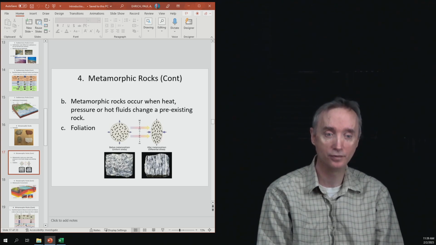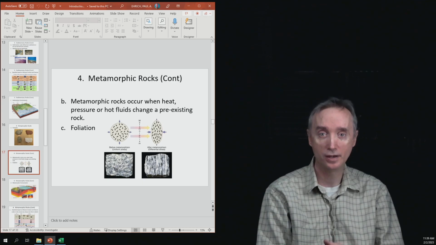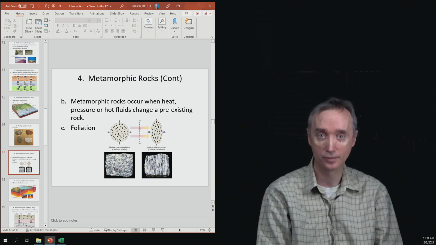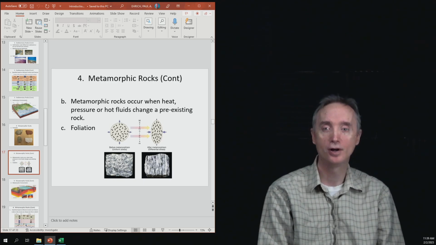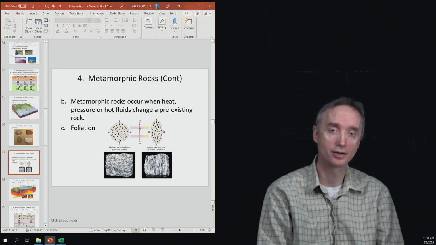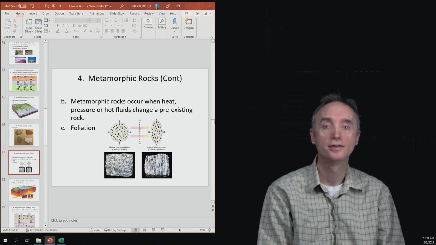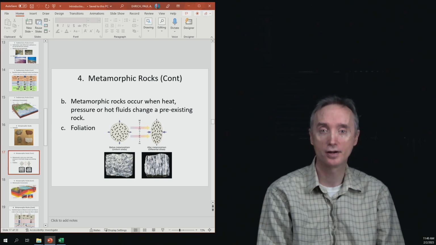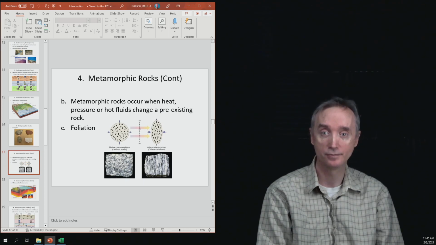It could be individually or it could be combinations of those three. But don't melt it. What we want to do is alter the rock. We don't want to melt it. And so when we apply heat or pressure or hot fluids to a rock, it will start to metamorphosize.